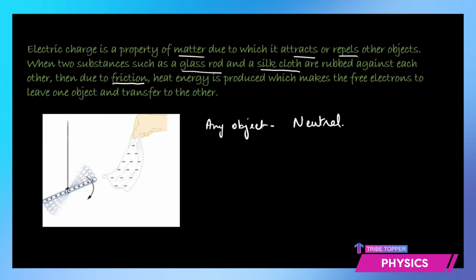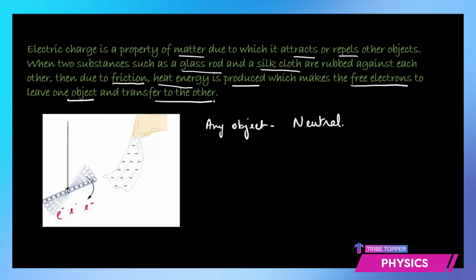So that is why when a glass rod and a silk cloth are rubbed against each other, due to friction, heat energy is produced. And this heat energy makes the free electrons leave one object and transfer to the other. Suppose there are some free electrons present in a glass rod. Initially, these electrons do not have enough energy to leave it and go anywhere.